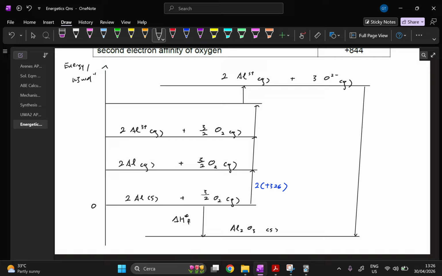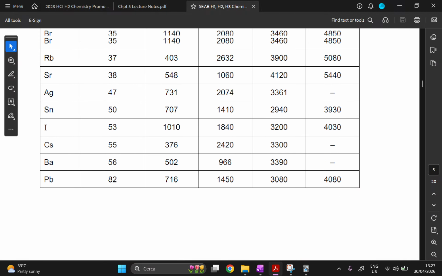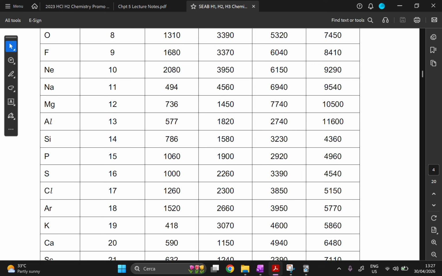And obviously, this is going to need to be my first ionization energy plus second IE plus third IE. Once again, I mentioned right at the start of this video, please do not just copy the third IE. You need first plus second plus third. So we're going to go to our data booklet now. Under aluminum, first IE is here, second IE is here, third IE is here. So it's 577 plus 1820 plus 2740.